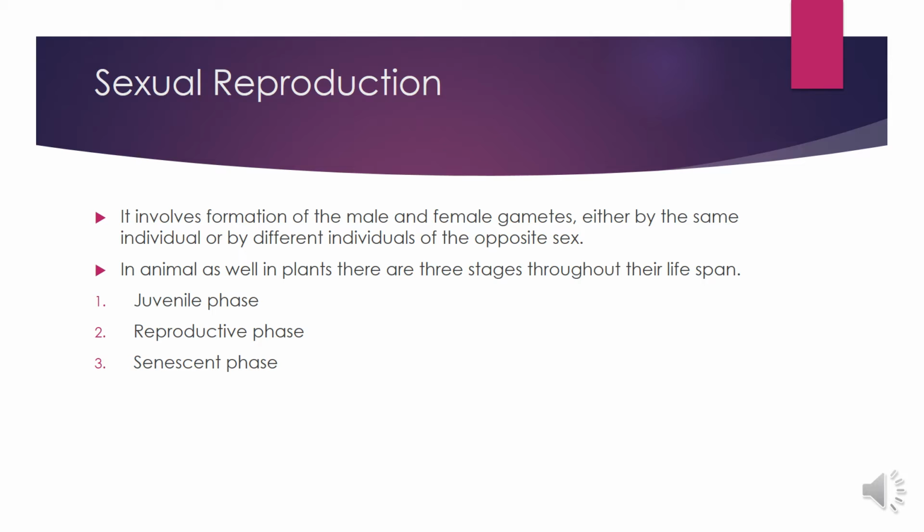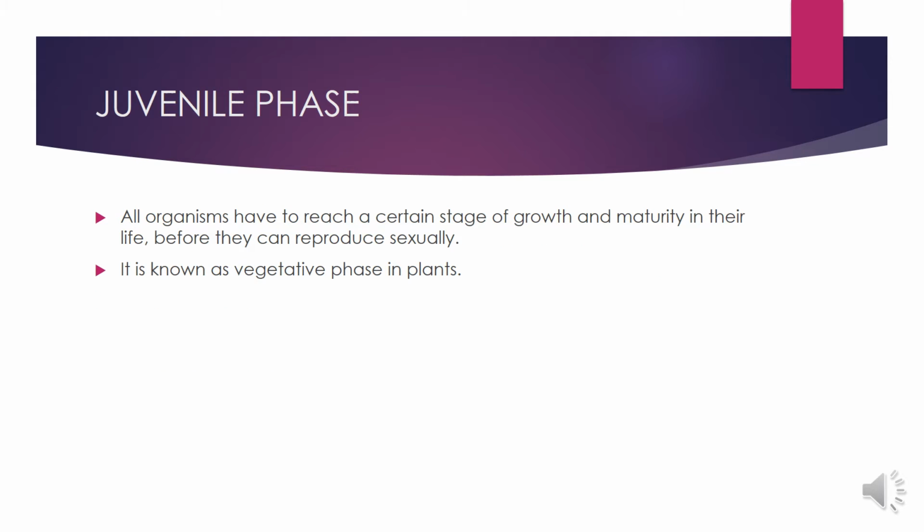In each and every organism, throughout their lifespan, there are 3 phases, that is juvenile phase, reproductive phase and senescent phase. First of all, we will discuss the juvenile phase.